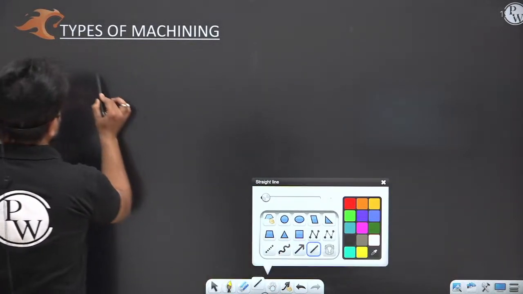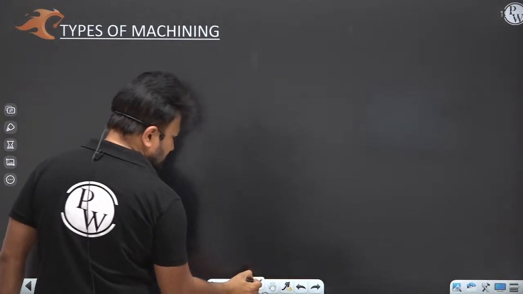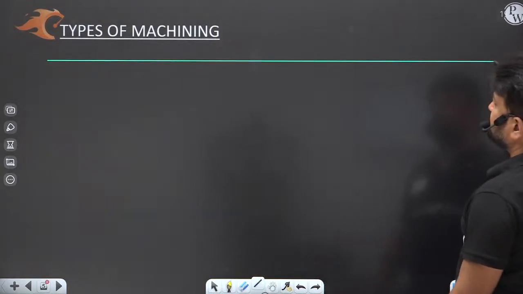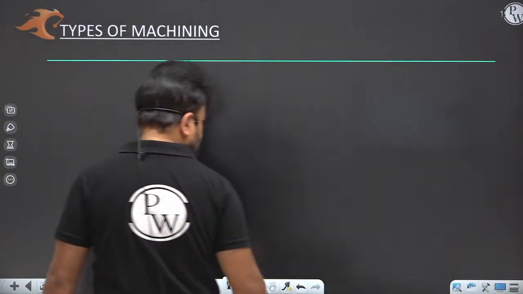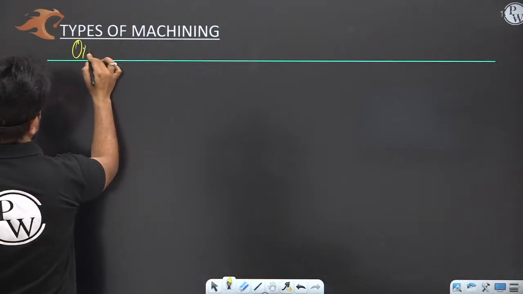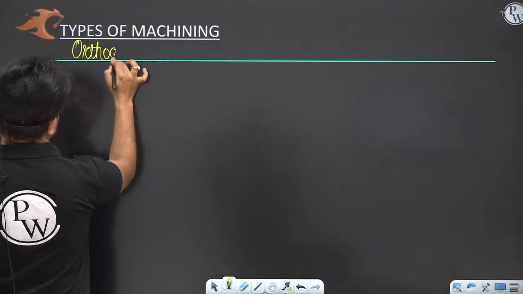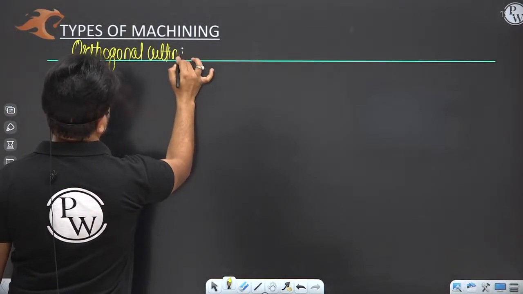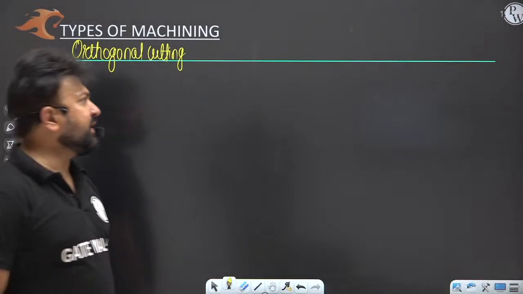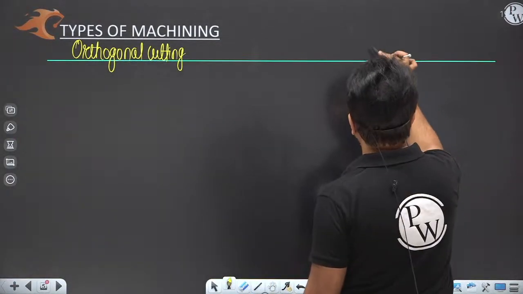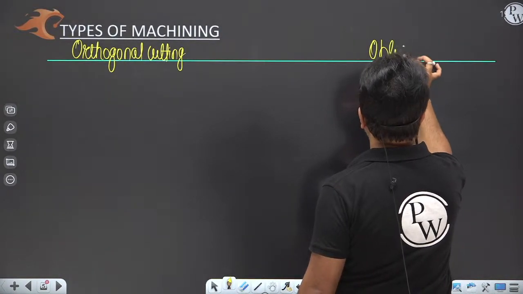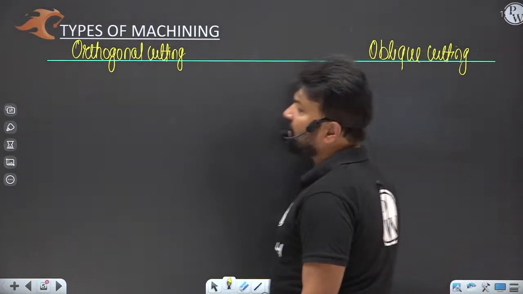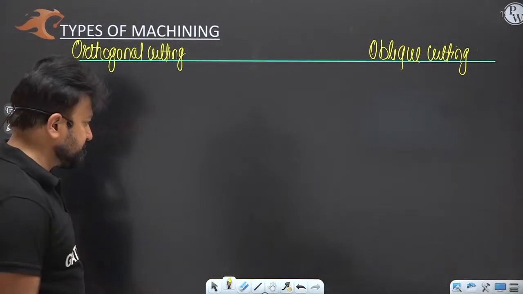One cutting is known as orthogonal cutting, and the other is oblique cutting. Try to understand.